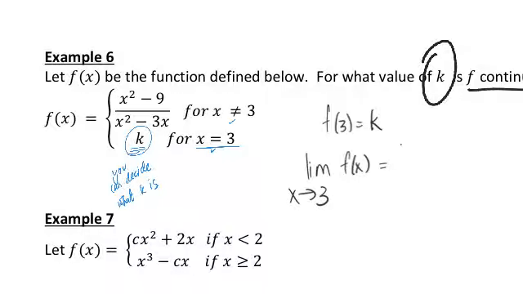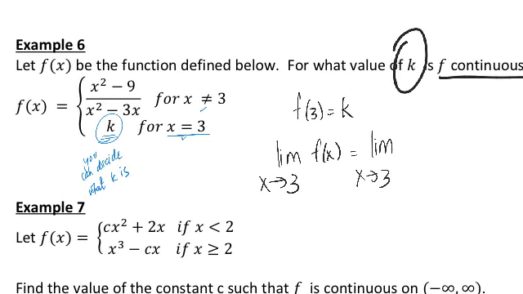So let's check out the limit of f of x as x approaches 3. From the right and from the left, it's the same rule in this case, right? It's the same rule right here. X not equal to 3 means basically you can't use that rule for 3, but from the right and from the left of 3, it's that same rule.